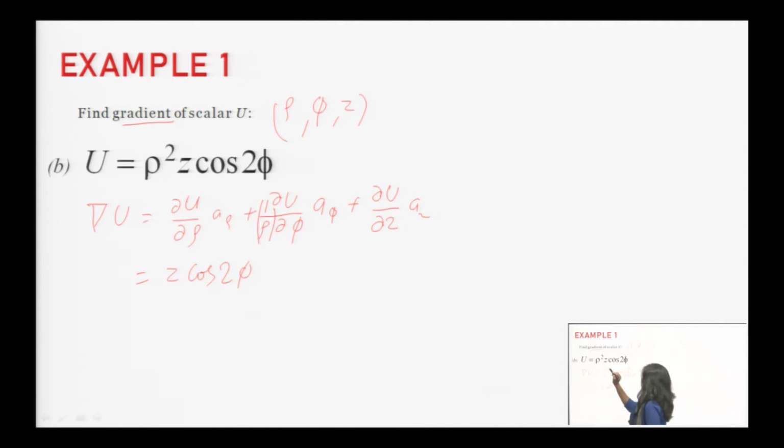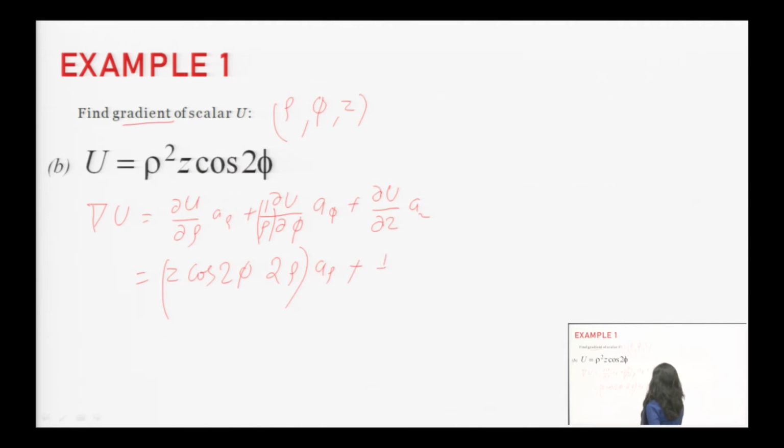Now we need to differentiate rho square. The differentiation of rho square will be 2 rho. This is the coefficient we need to multiply with a rho here.